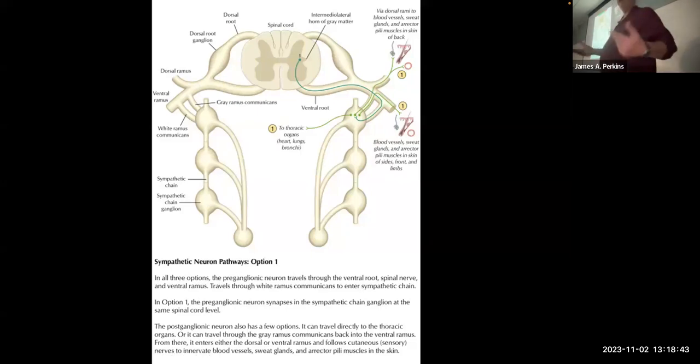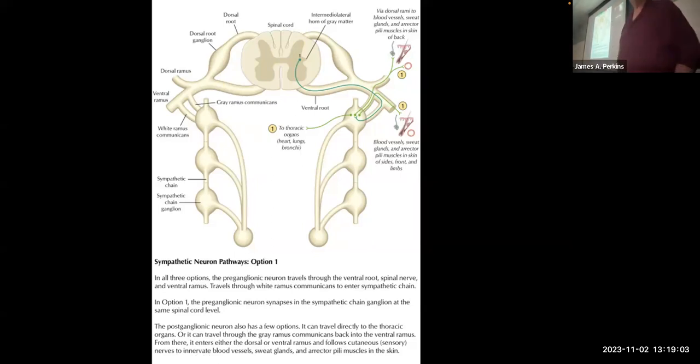Again, it means communicating branch. They're called gray, not because they look gray anatomically, but when you take a slice through this and look at it under a microscope, the postganglionic neurons don't have myelin. They're not myelinated, so they don't appear white. They actually appear much grayer under the microscope.